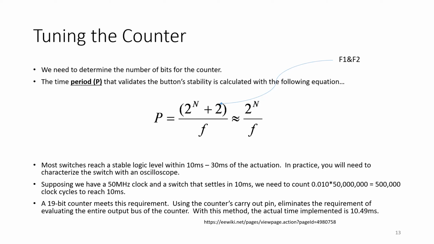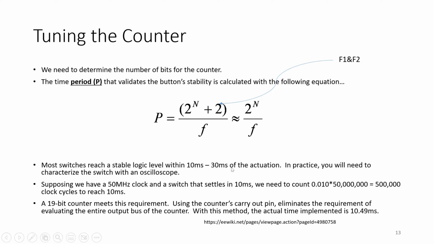And here we have an example. If I have here 0.01, that is 10 milliseconds, and I need to get 50 million times 0.01, this will give you 500,000 clock cycles. This is the number of clock cycles I need.